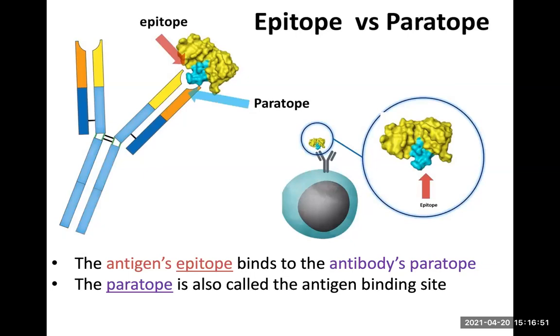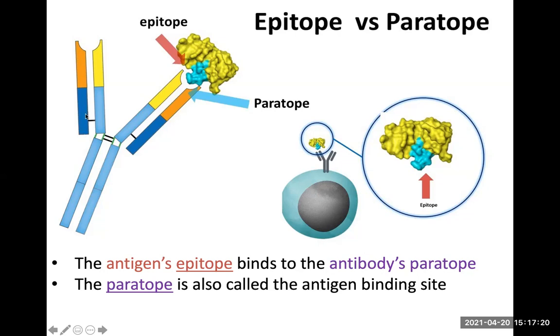All right, so how exactly do antigens and antibodies interact? So that top region of the antibody is called the variable region. It consists of two arms, one that's called the short and one that's called the long. And notice that the short chain has two regions, the top part being part of the variable region and the bottom part being part of the constant region.